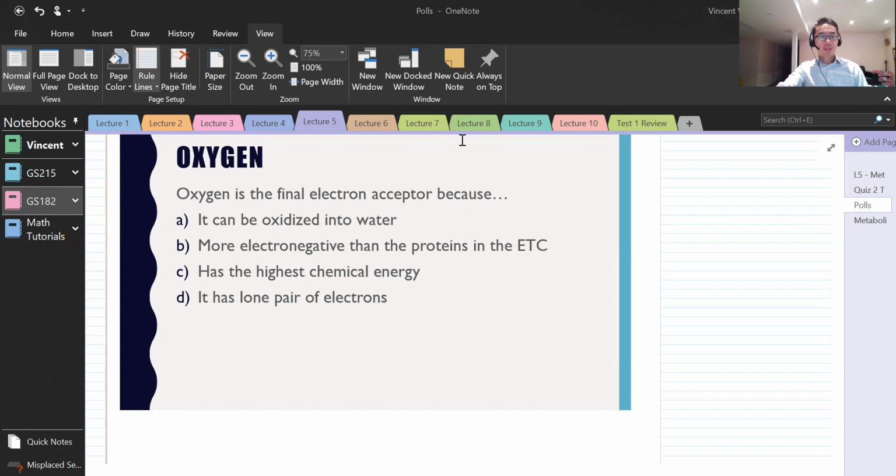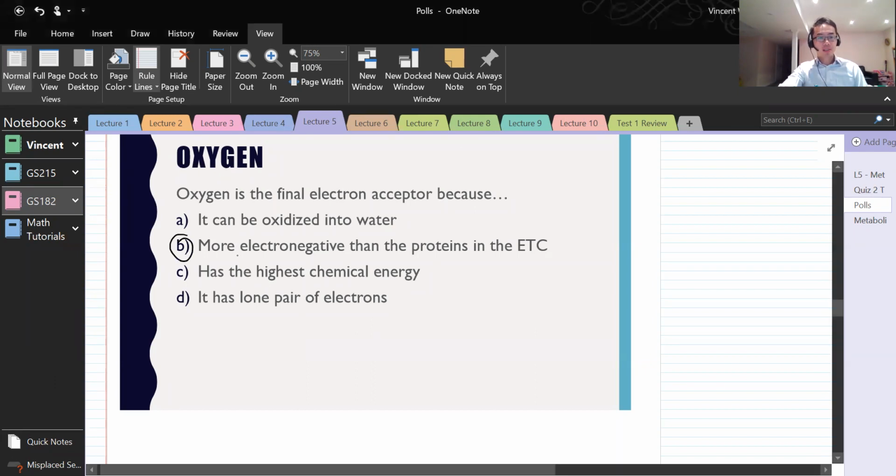Okay, so the correct answer here is B. When something is more electronegative, it means it has a higher attraction to electrons. And that's what you need, right? If you think about it, in the ETC, each protein has to be more electronegative than the previous one. That's how it is possible to cause the electron to go forward.